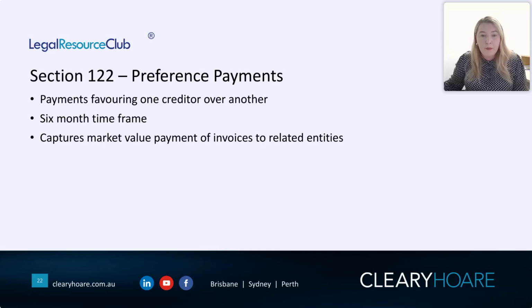We also have preference payments under Section 122 of the Bankruptcy Act. And so that's where a person is found to favour one creditor over another. So they pay one creditor that they owe money to, and they fail to pay other creditors at the same time, on the basis that a person who is going bankrupt should be paying their creditors equally.